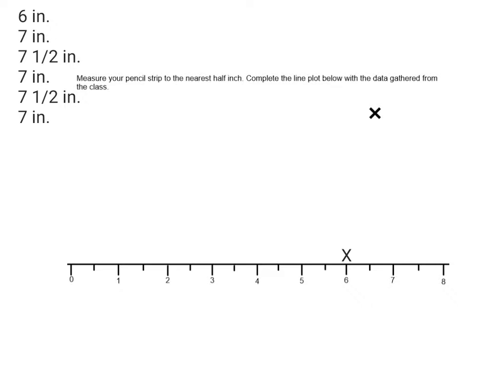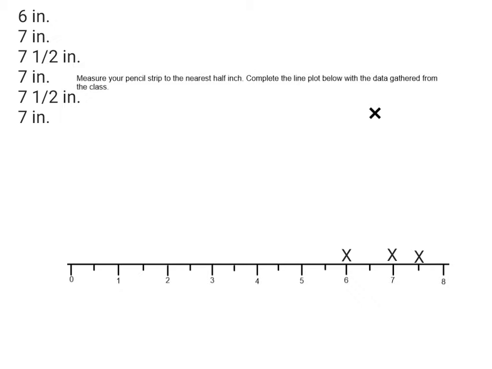Now I'm going to go to 7 inches and I'm going to put my X. Now I'm going to go to 7 1/2 inches, my next number down, and I'm going to put an X at 7 1/2 inches. Okay, which is halfway between 7 and 8.